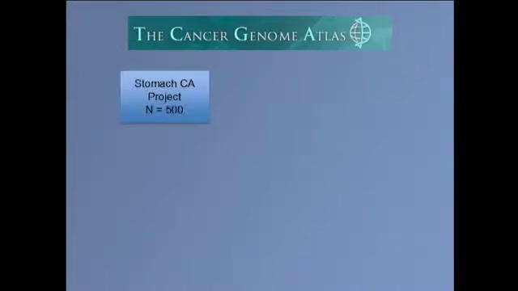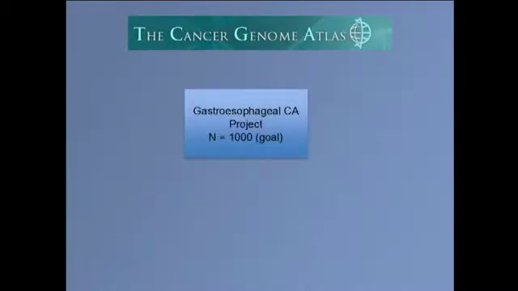As we got started, we were fortunate that gastric cancer was one of those tumors, and we then got funding to do esophageal cancer, which is very similar to gastric cancer. Because it's often hard to draw the line between the two, we decided to make a combined project where we look at these together to really map out.